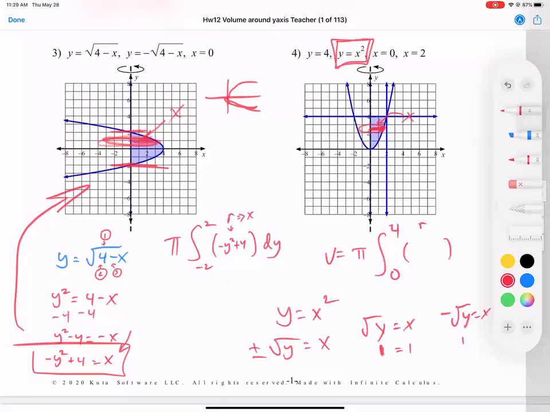If y is positive 1, x is negative 1. So am I using this version here or this version here? According to my graph, I only want the right side. I'm only looking at this one. So my r value is just going to be the square root of y.